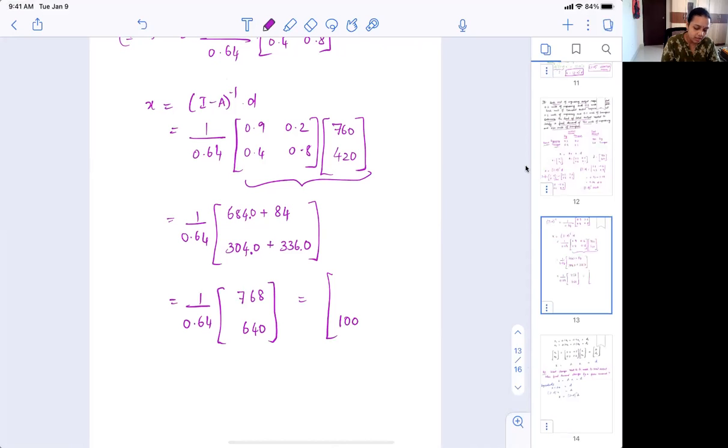So this will be 1000. And 768 by 64 will be 12, so this will be 1200. And that is actually your final output vector.